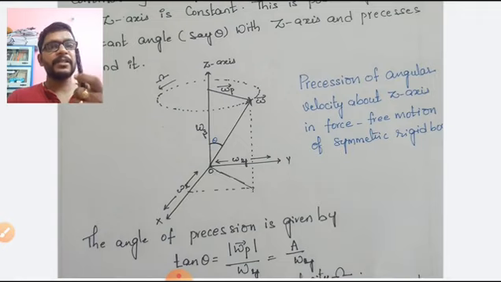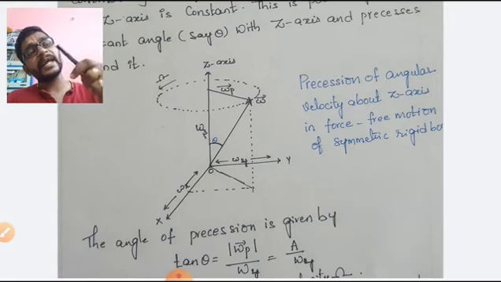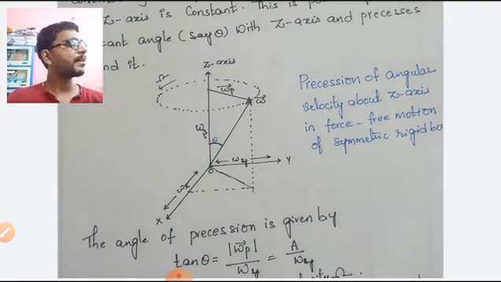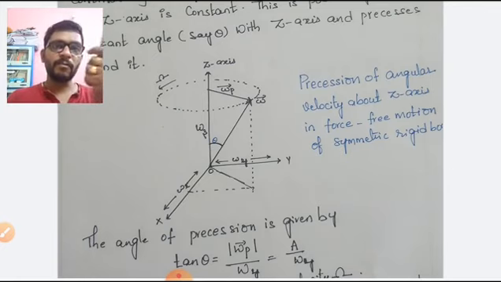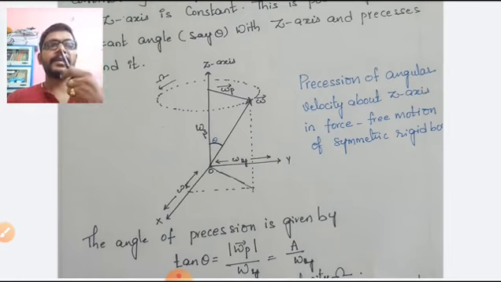Our earth is rotating about its own axis, that is called spinning. And as well, the earth's rotating axis rotates around one fixed axis.